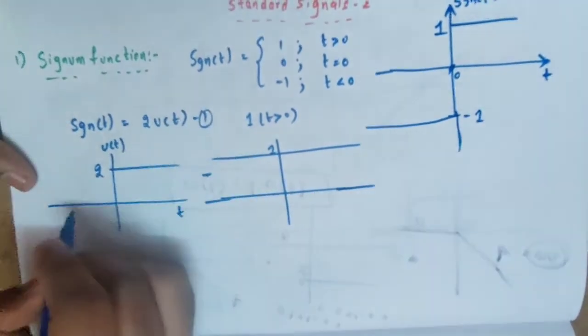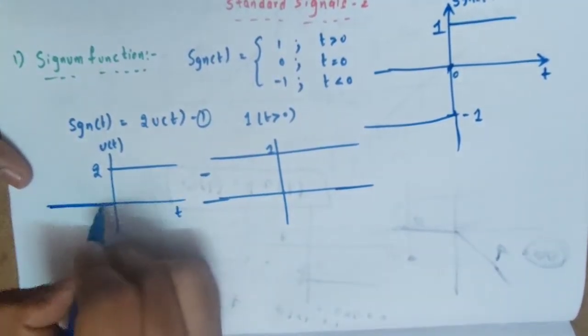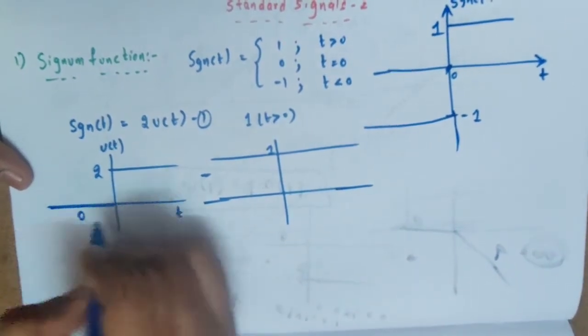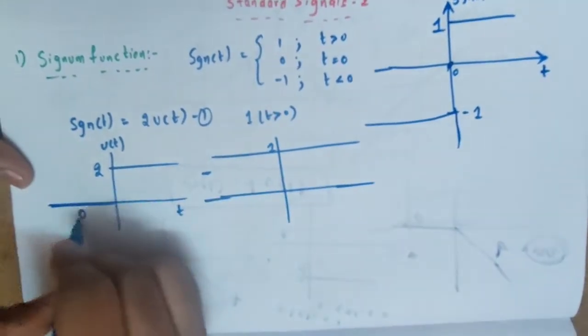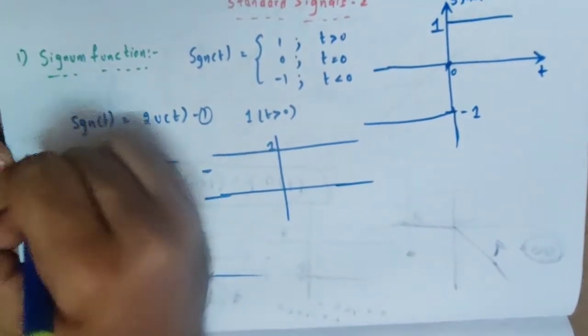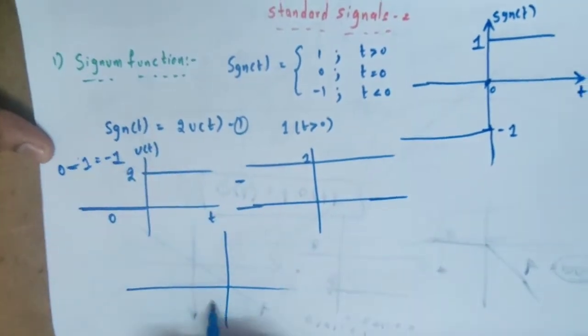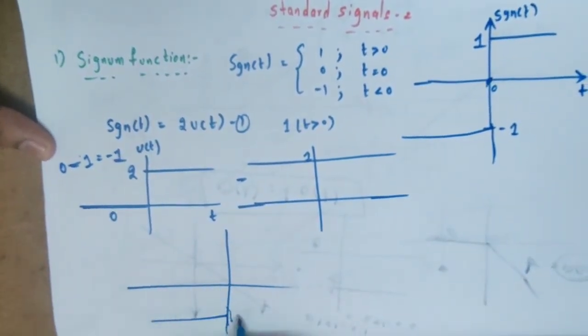How will you do it? On the negative axis, what is the value of 2 times u of t? It is 0, whereas here it is 1. So 0 minus 1, what will that become? It is -1, right? So that is why this will become -1.